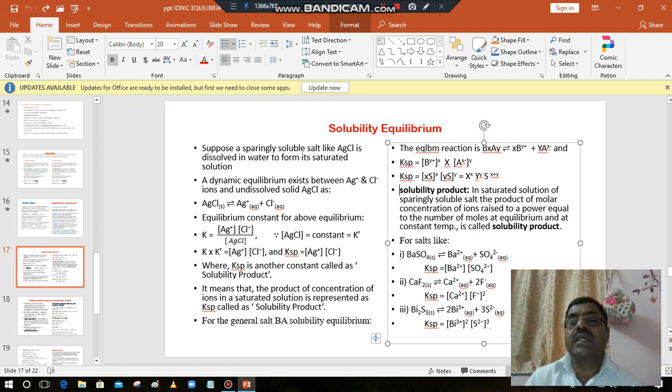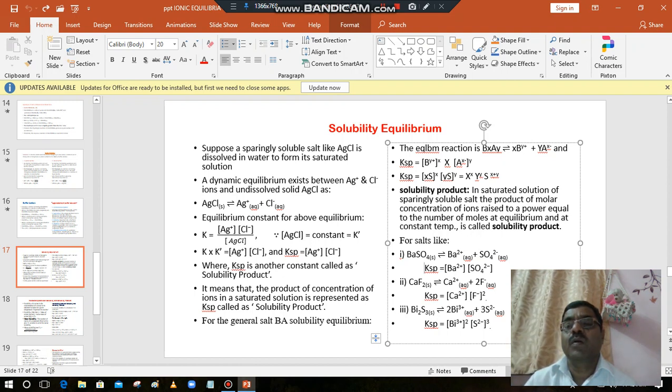We have studied the definition of the solubility product. Now this definition we can apply for a number of salts like BaSO4. BaSO4, when dissolved in water, gives cations Ba2+ and anions SO4 2-, and the solubility product, that is Ksp, is equal to the molar concentration of cations Ba2+ and the concentration of SO4 2- ions.